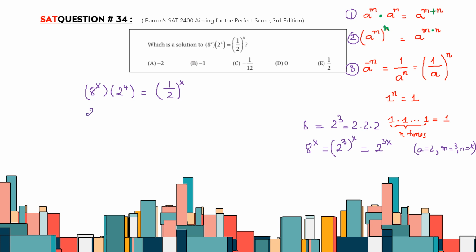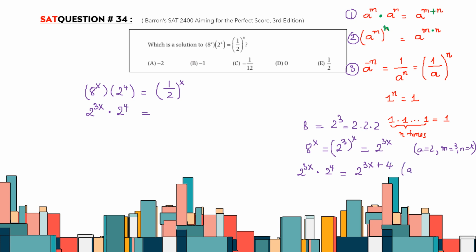So let's rewrite this one: 2 to the power of 3x multiplied by 2 to the power of 4, that equals the right side. This is the multiplication, so we have the same base 2, 3x is our m, and we add n, which is 4.